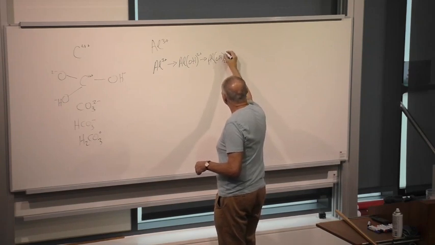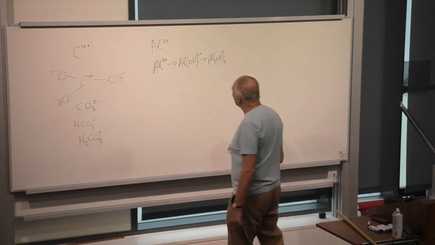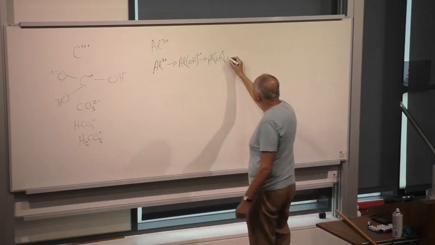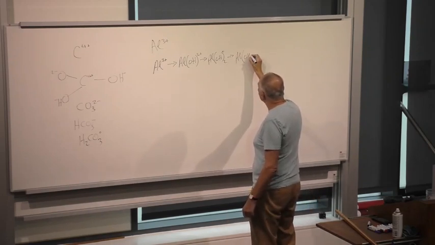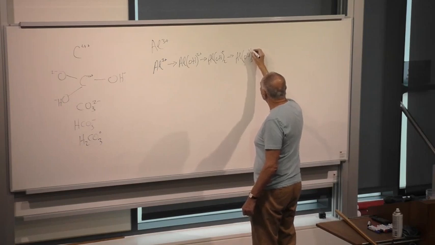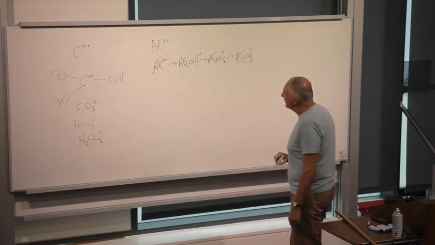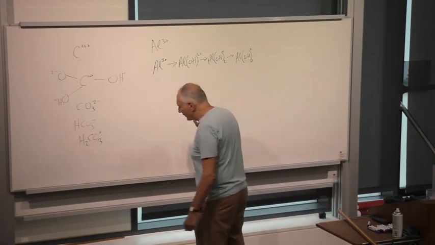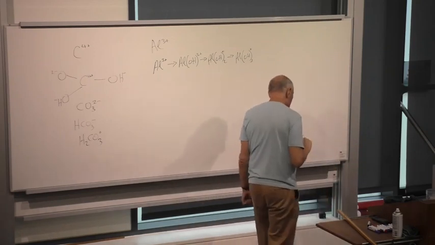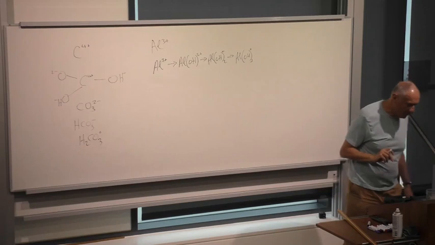And each time we add one, we reduce the charge. And Al(OH)3 0 is the most hydroxylated of these aluminium species that we need to worry about.